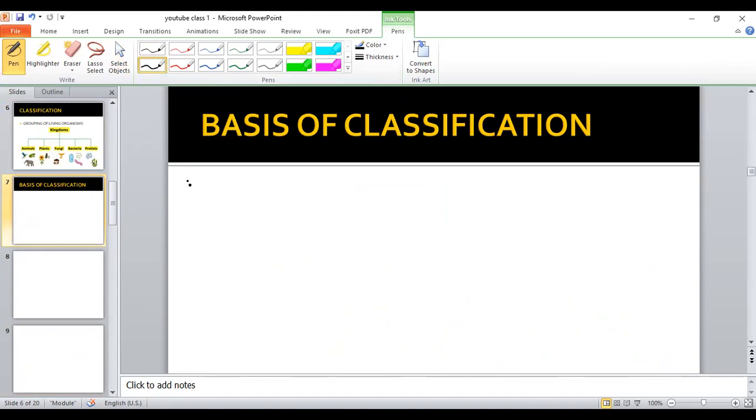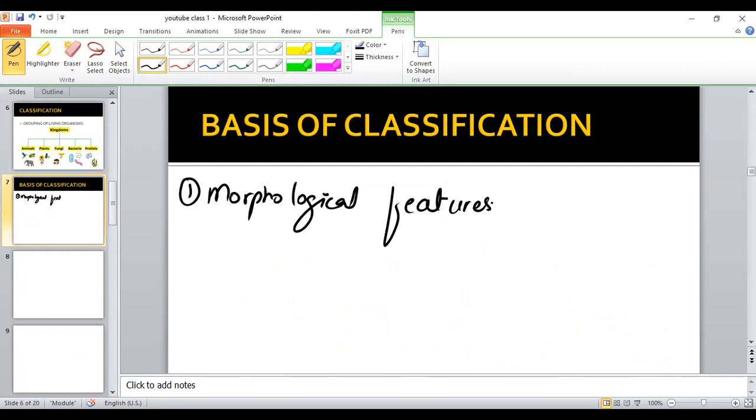Quickly, we are talking about the basis of classification. First is the morphological features. These are the external features. Like when we observe any mammal, like we are mammals, cat is a mammal, rat is a mammal, what we are observing?